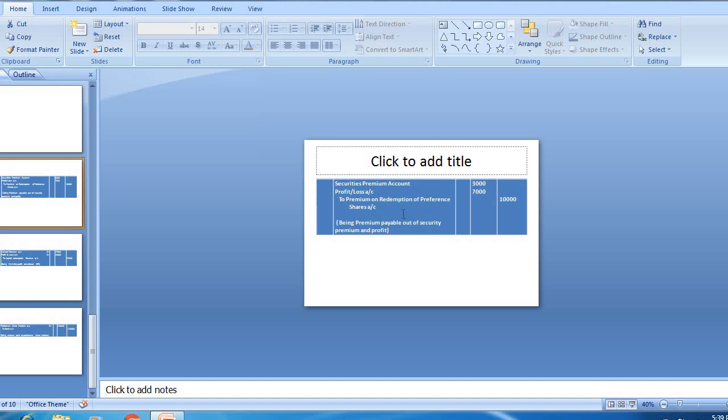You can observe in the first journal entry, this premium on redemption of preference share was debited. Now the same has to be credited, in accordance with the double entry rule, being premium payable out of securities premium. So the amount required for the payment of premium of 10,000 has been arranged.